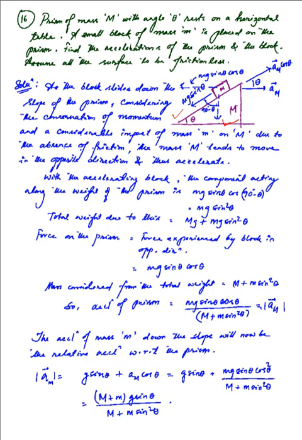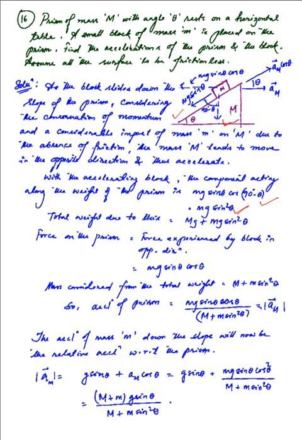So mg sine theta times cosine of 90 minus theta leads to this. Now this is the component of the force that is acting along the downward direction due to the motion of that block.